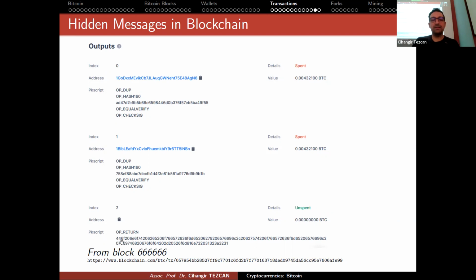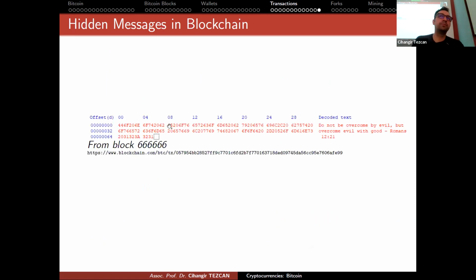But here the hexadecimal message, if you copy paste it into any hexadecimal to ASCII converter, you see that it is a quotation from the Bible. So this way, actually, you can find many hidden messages in the blockchains.